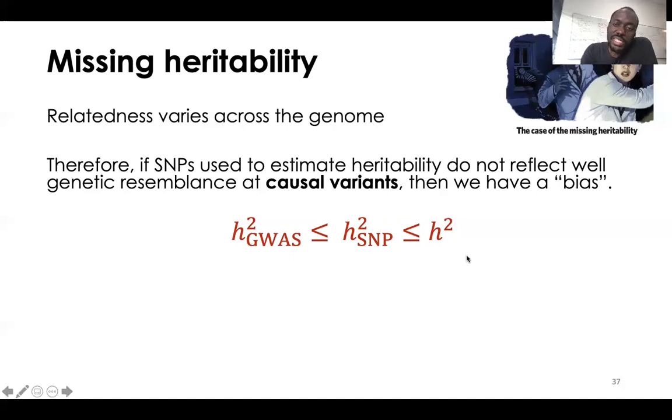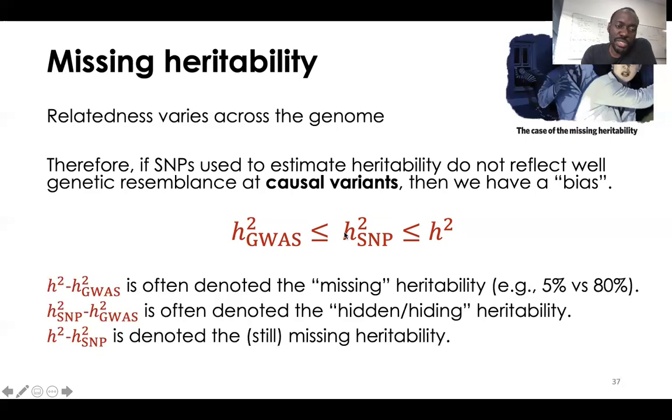And H-square is the total heritability, which we could have estimated either from pedigree studies or if we had relatedness measured directly at the causal variants. That's the core of the issue.